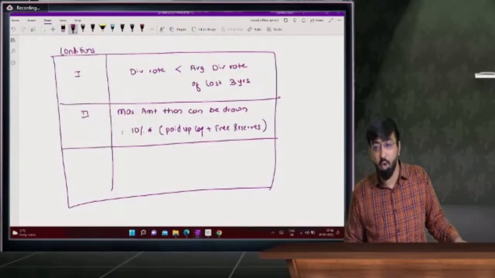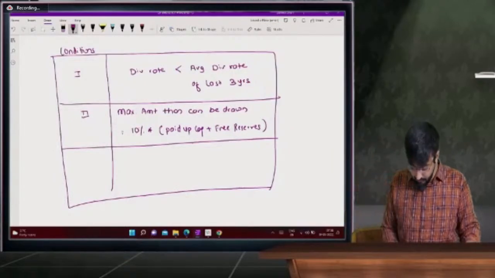So the maximum amount that can be drawn is 10% of paid up capital plus free reserves.